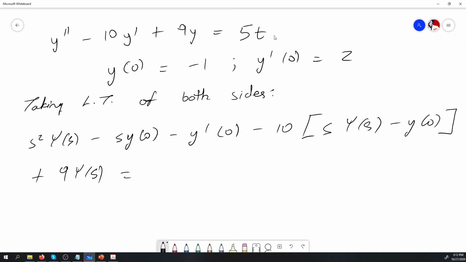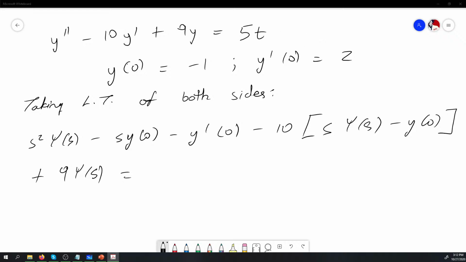And we need to figure out, this being 5t, what's going to be our associated Laplace transform with this.